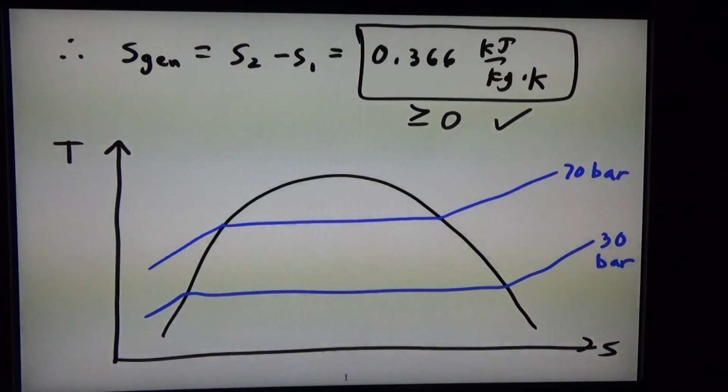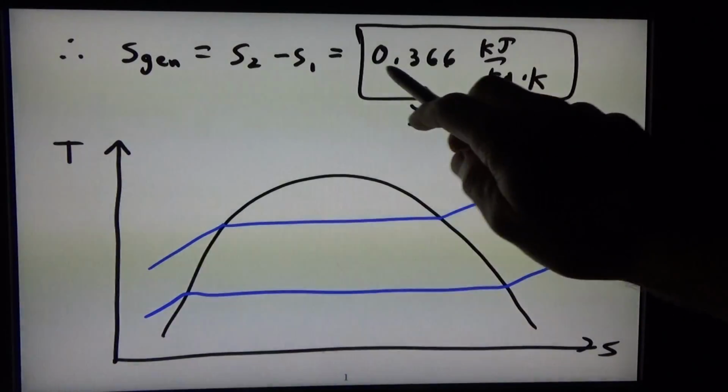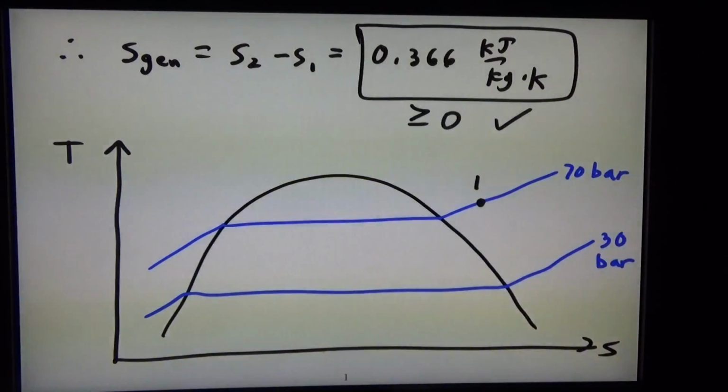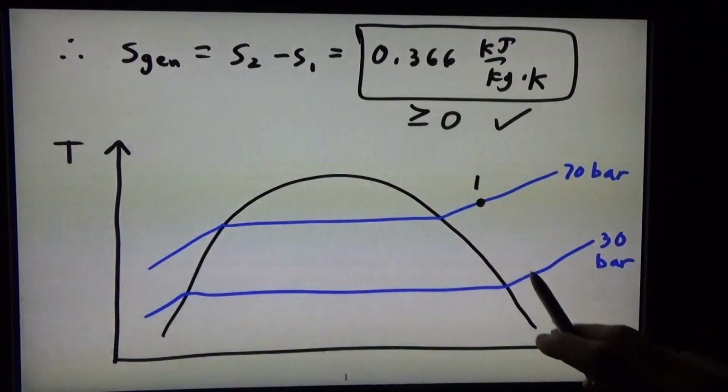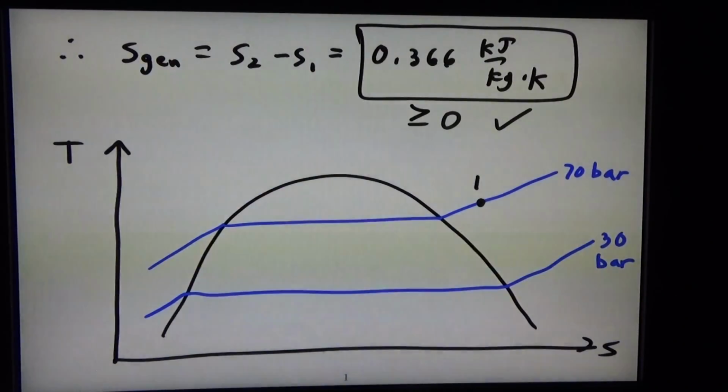For this problem, state 1 was at 70 bar and superheated. And S2 is bigger than S1 because S2 minus S1 is a positive number. So here S2 should be to the right of S1 and it should be superheated. So there's a good spot for state 2. Just connect the dots with a dotted line because we don't know the exact process path.